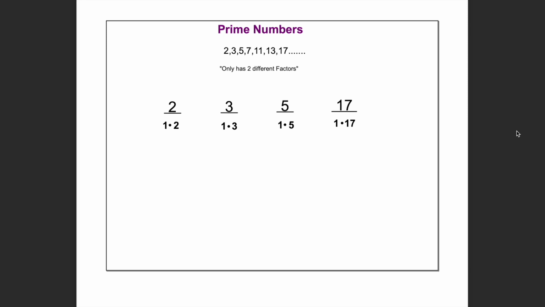So 2 has the factors 1 and 2, 3, 1 and 3, 5, 1 and 5, 17, 1 and 17. So prime numbers only have two factors. And there's no nice pattern to find prime numbers either. It's just what can they be divided by? If they can be divided by anything except 1 and itself, then it's not a prime number. Otherwise, it's a prime number.